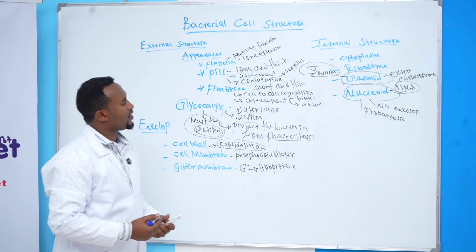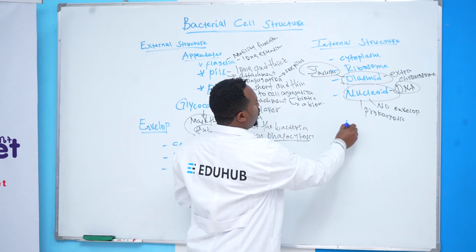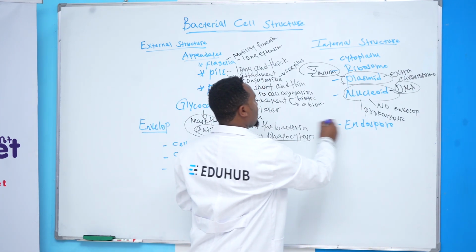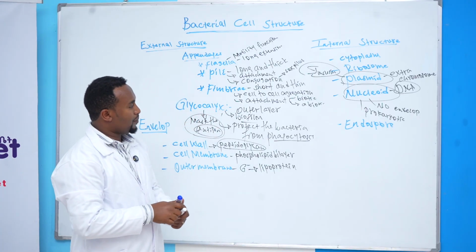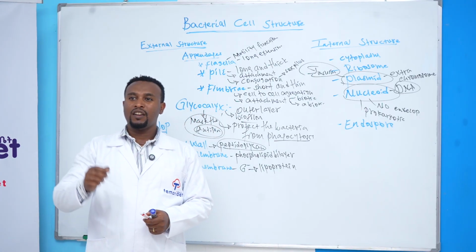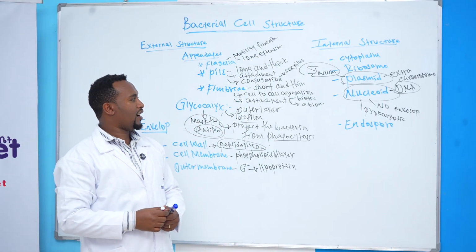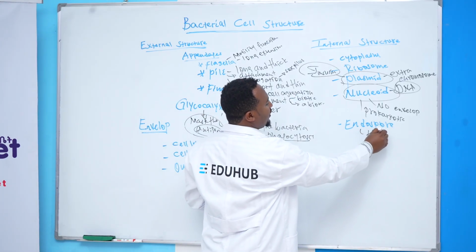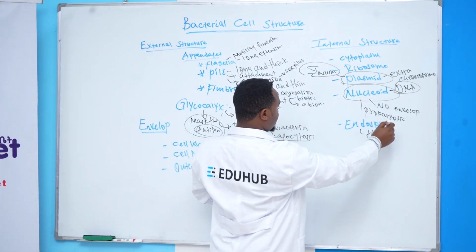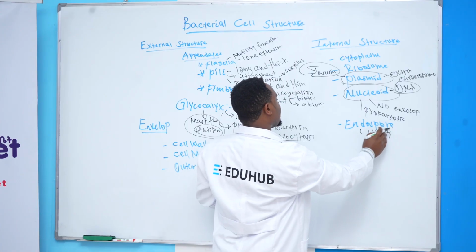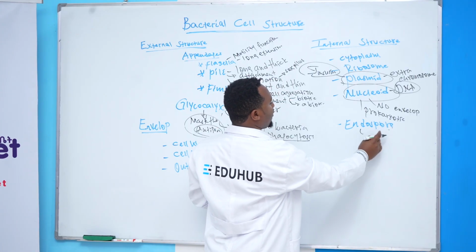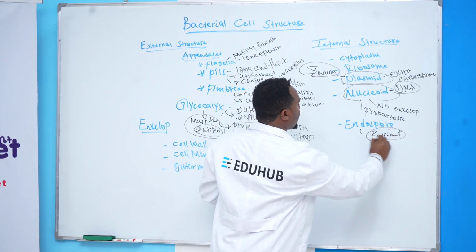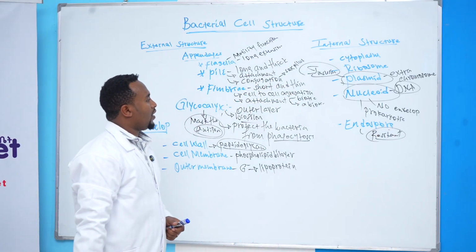And the other part is the endospore. Endospore is very important. The bacteria produce the endospore in a harsh environment. And the endospore is very highly resistant to different environmental conditions. They can survive in harsh environments.